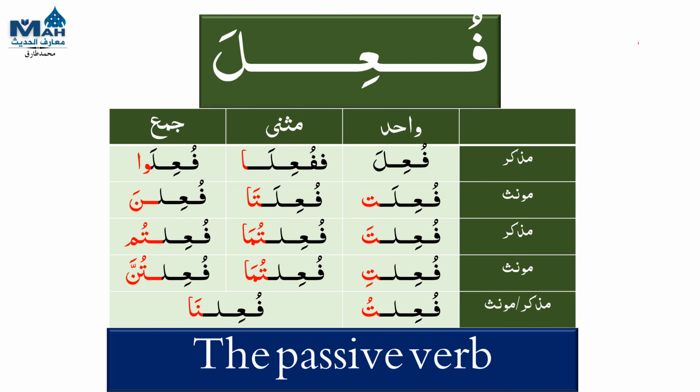What is majhul? Where you don't have the fa'il. The fa'il is hidden, either purposefully or because we don't know it. In both cases, that is called majhul, the passive verb. So what we'll do, we'll study now.